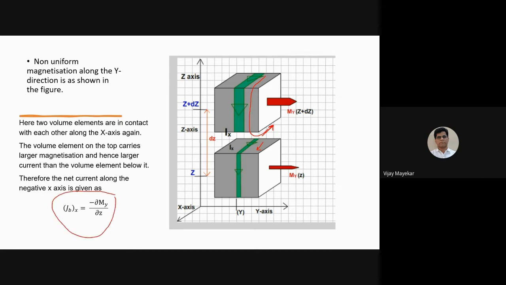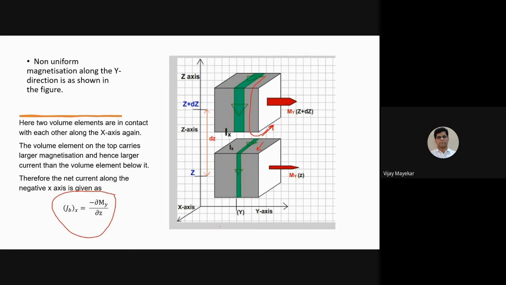So that is a negative direction, a negative value. The change in M bar at position Y, so we move along the vertical direction; the single Y direction is there. So the change in M bar with respect to change in Z axis, since the two chunks are placed along the Z axis, gives us JBX, the volume bound current density along the x-axis.